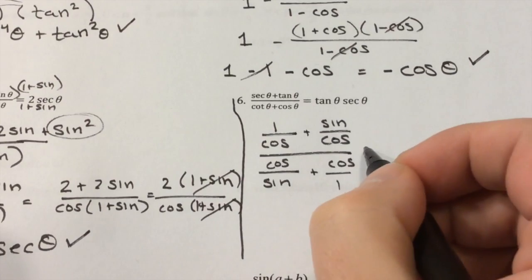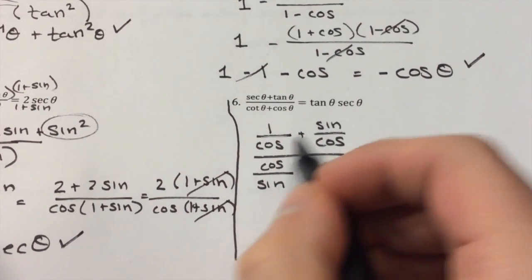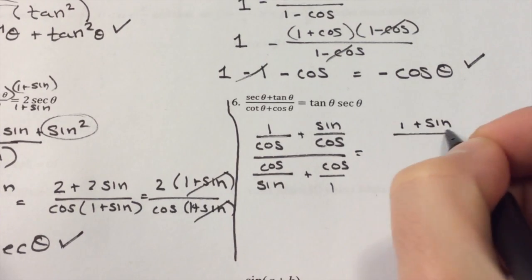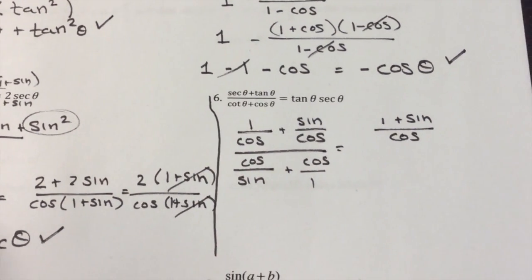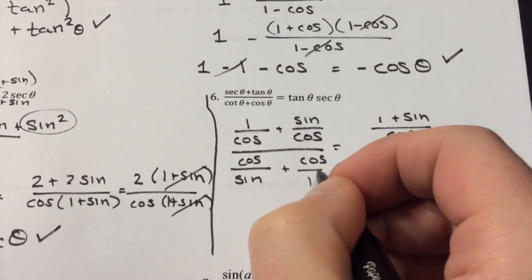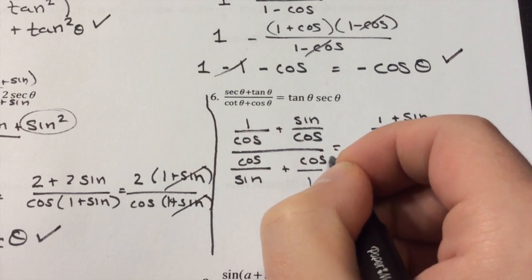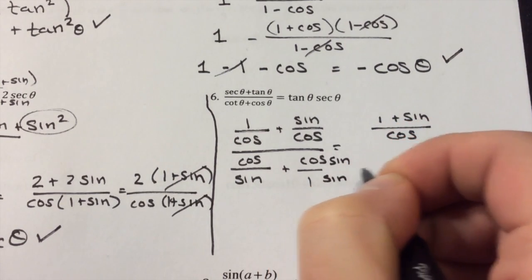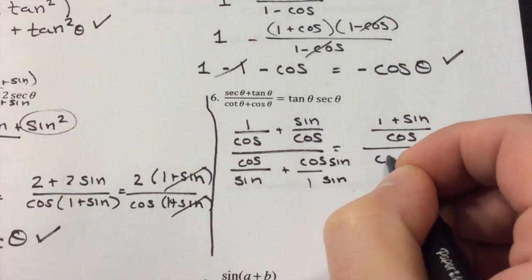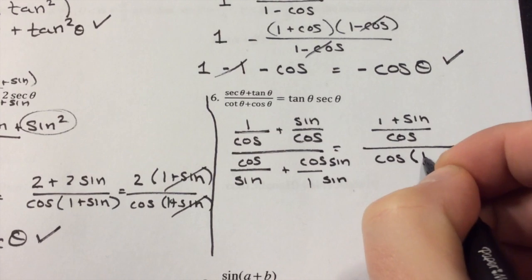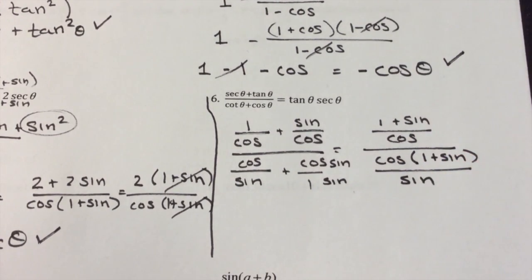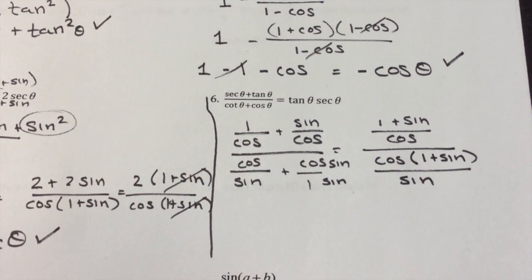So what I can do with the top here is I can add these two. So I have 1 plus sine over cosine. And on the bottom here, I can get a common denominator. So that has a sine, that has a sine. This is all over cosine times 1 plus sine over sine. Now, hopefully you can see where this is going.